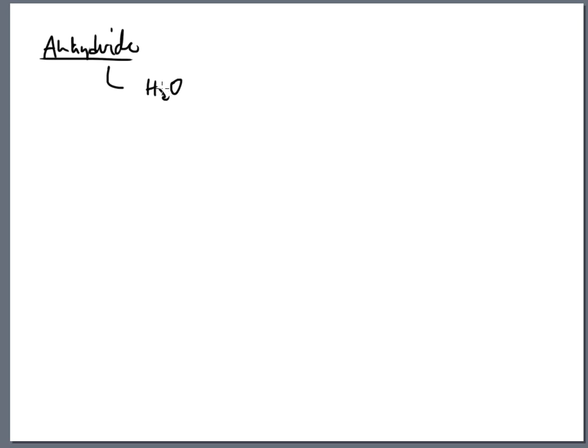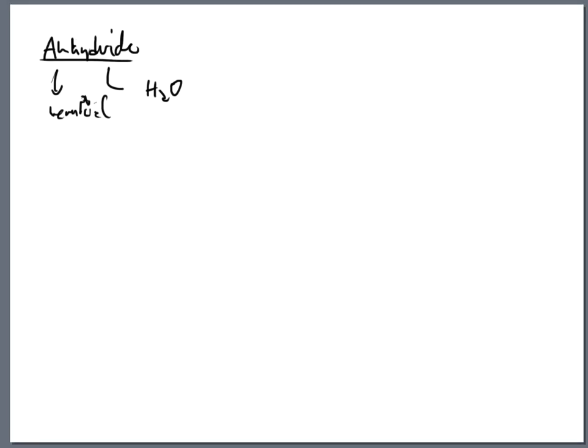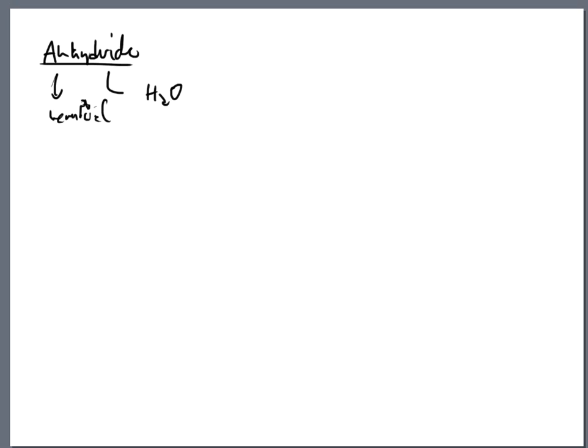And you've talked about things like hydrates in general chemistry. So hydrate and hydrides are kind of the same thing here, but an means removal of. So removal of water. That is what anhydride represents.